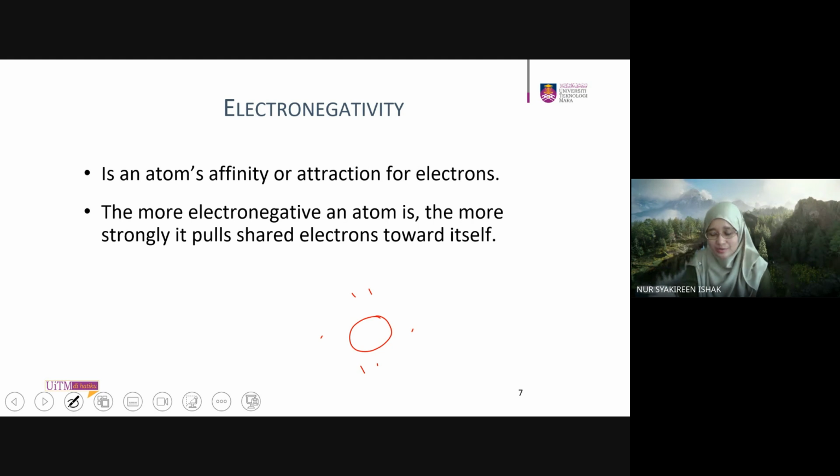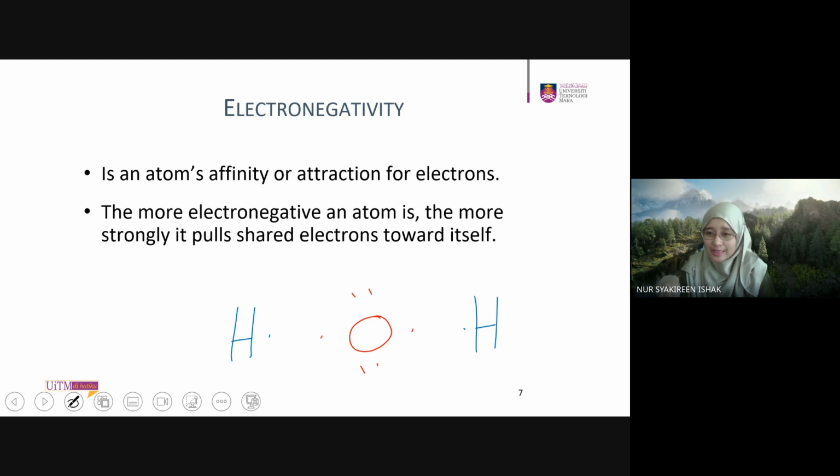This is chemistry. Okay, so you have another atom, for example, the hydrogen atom. So a hydrogen atom has only 1 electron. And then another hydrogen atom also has 1 electron in the valence shell. So the electron of the hydrogen and the electron of the oxygen, as we observe here, oxygen has more electrons.